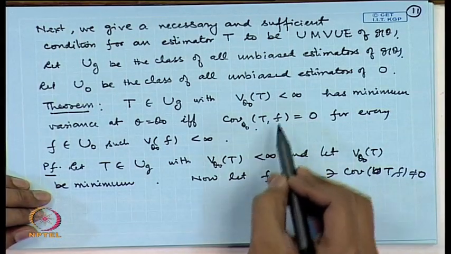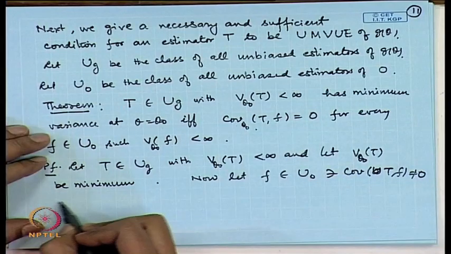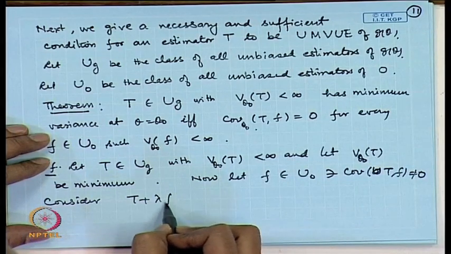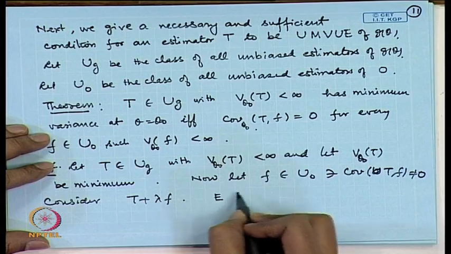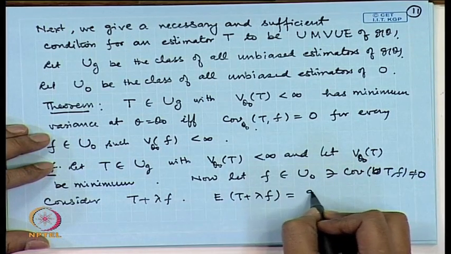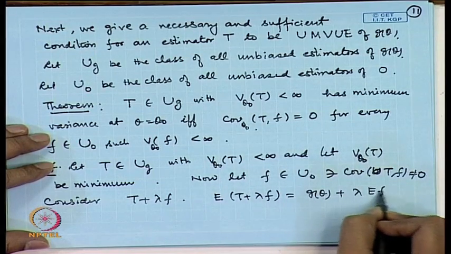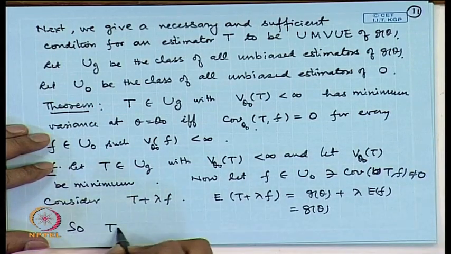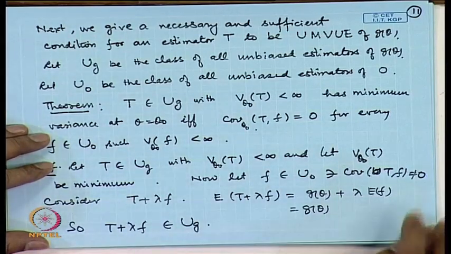So, I am assuming contrary to what we have to prove. So, we will arrive at a contradiction. So, let us consider T plus lambda f. Now, if I take expectation of T plus lambda f, then it is equal to expectation of T, that is g theta, plus lambda times expectation of f, that is 0. So, it is equal to g theta. So, this new function which I have created, T plus lambda f, is also unbiased.